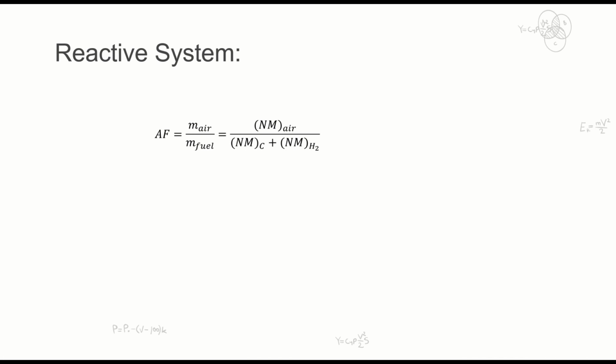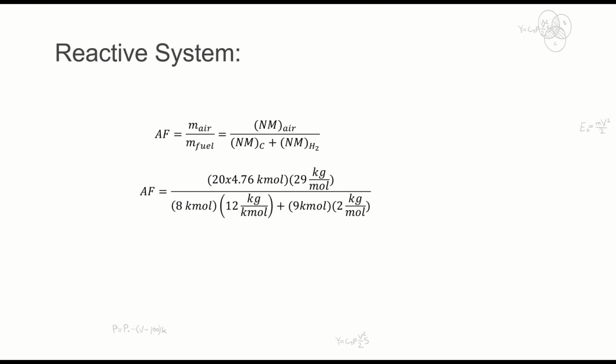By substituting the values, we have AF equals 20 times 4.76 kmol multiplied by 29 kilograms per kmol, over 8 kmol multiplied by 12 kilograms per kmol plus 9 kmol multiplied by 2 kilograms per kmol.